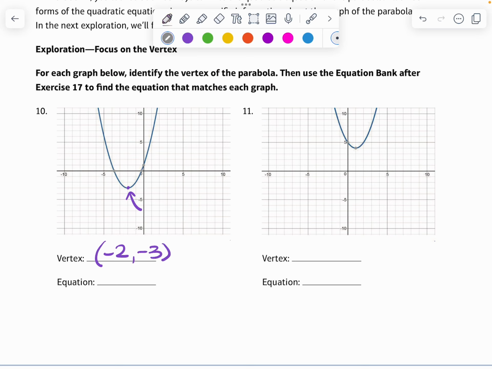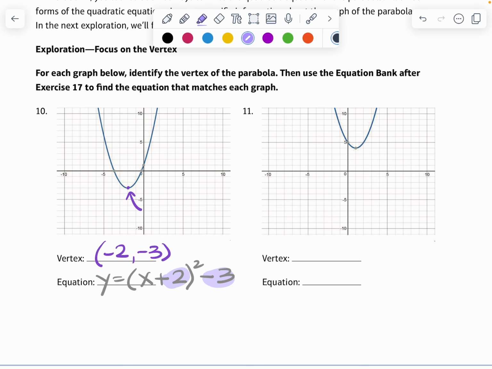So I would write an equation that looks something like this. Y equals x, not -2. Remember, it's the opposite inside. All right. And quadratics are always squared. And then we move it down 3.